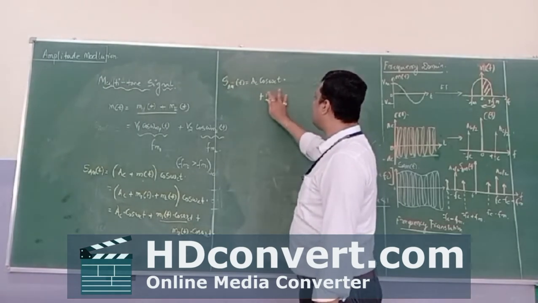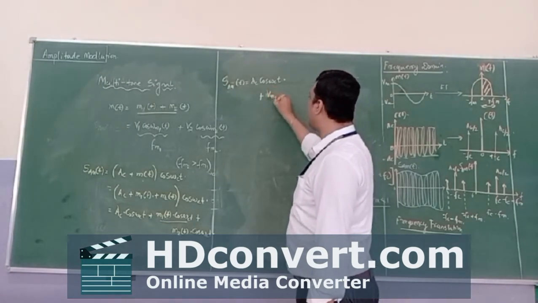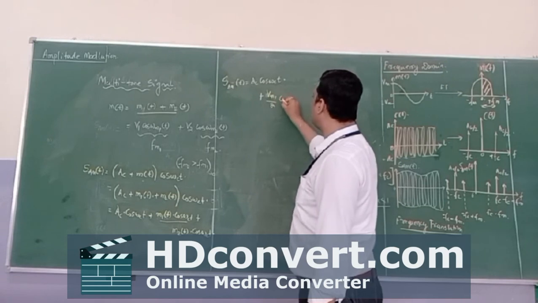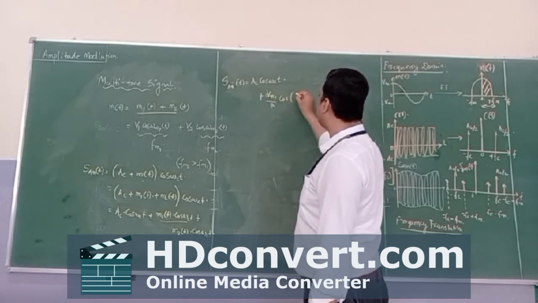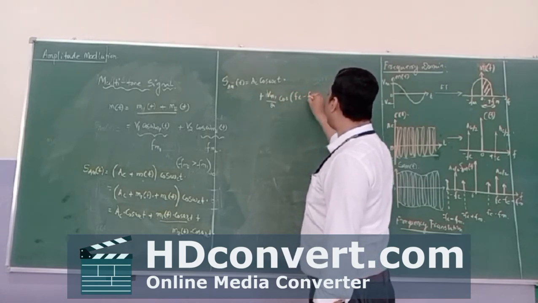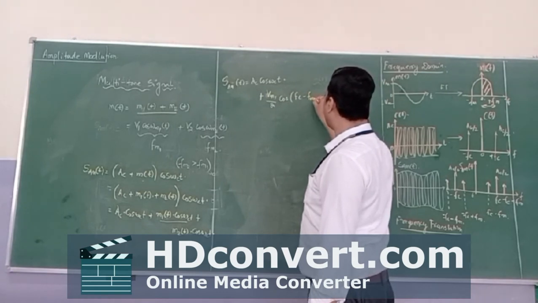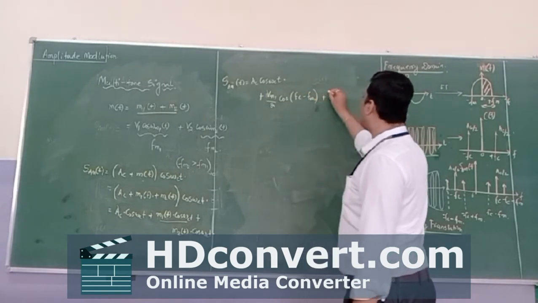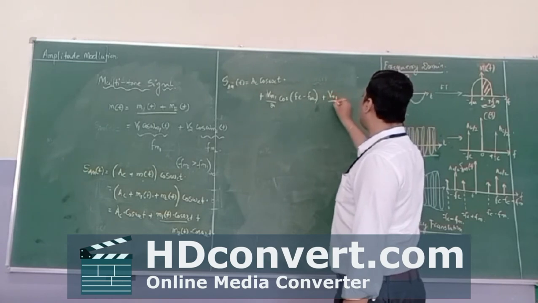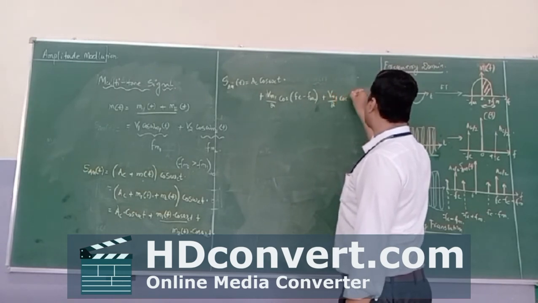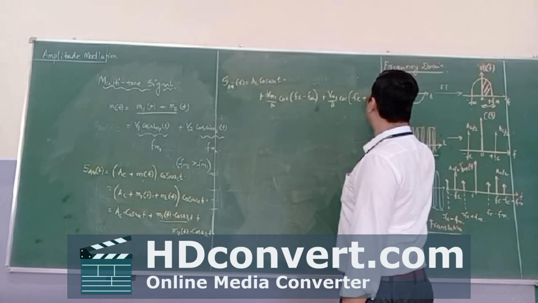It is Vm1 divided by 2 cos of (Fc minus Fm1) t plus Vm1 by 2 cos of (Fc plus Fm1) t.